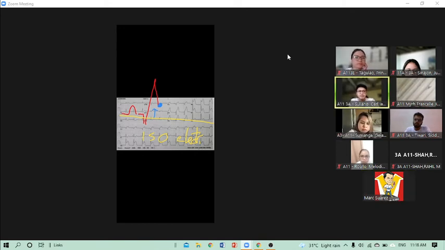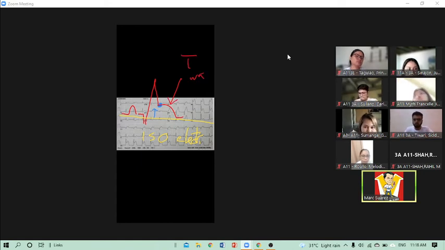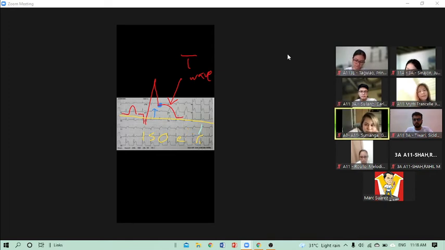ST elevation, Doc. Okay. So this is an ST elevation. By the way, this is the T wave. Follow? Any questions? You want to proceed? Proceed, Doc. Okay.